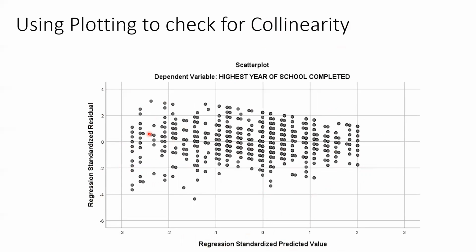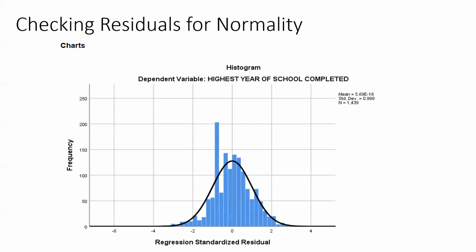So we have every reason to think that heteroscedasticity is not a problem in our analysis. And then our histogram helps us to check for normality. Our residuals are relatively normally distributed. There's no coning of the data. So our assumptions are pretty much in check.